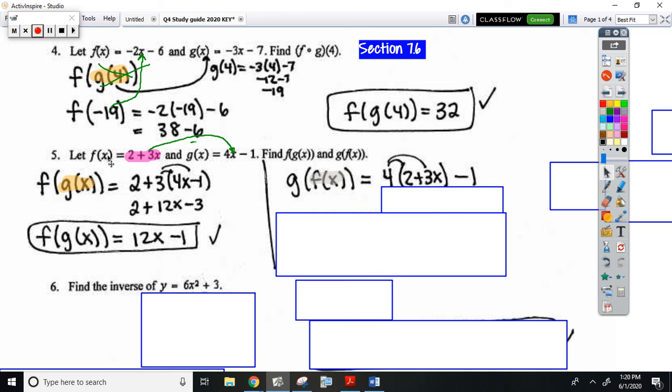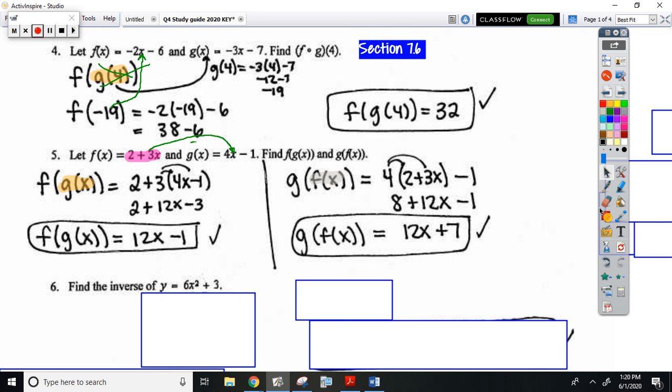Kind of think of it as like copying this and pasting it right here. Distribute. Should get 8 plus 12x, and then again combine our like terms, putting in standard form. We'll get 12x plus 7. So both of those were similar concepts, and those were from section 7.6.